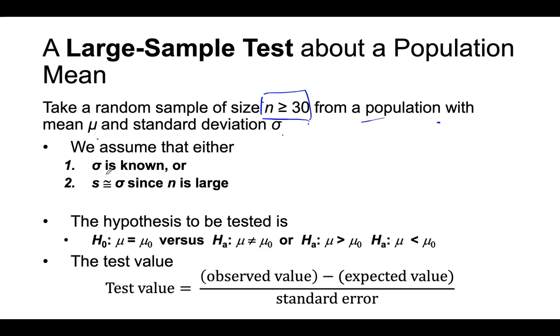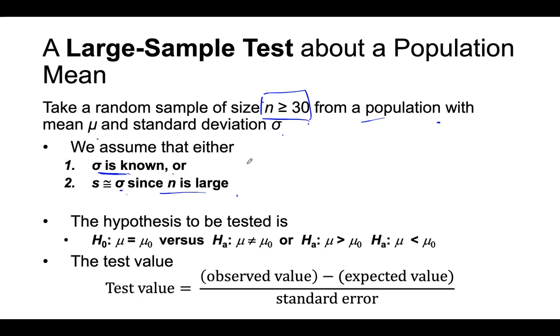So we assume that either sigma is known, so that the standard deviation is known. We're going to talk later on about what happens when it's unknown, after the next lecture component. Or that s is approximately equal to sigma since n is very large.